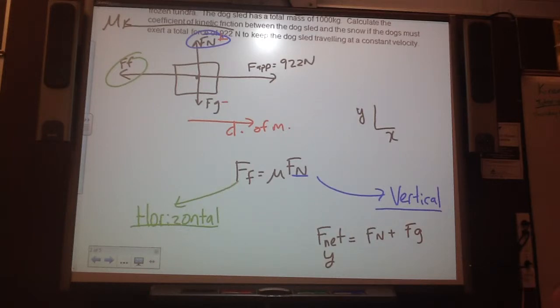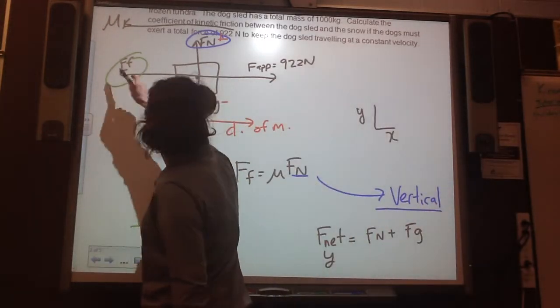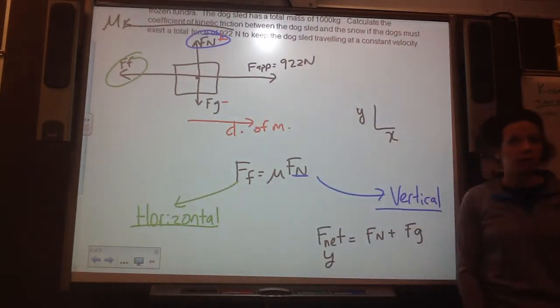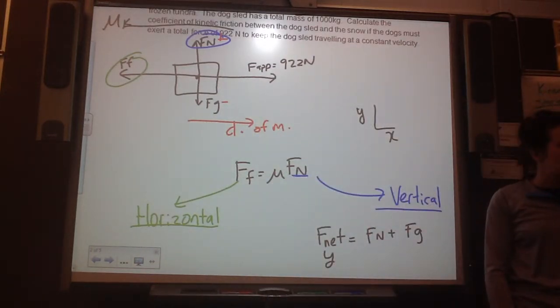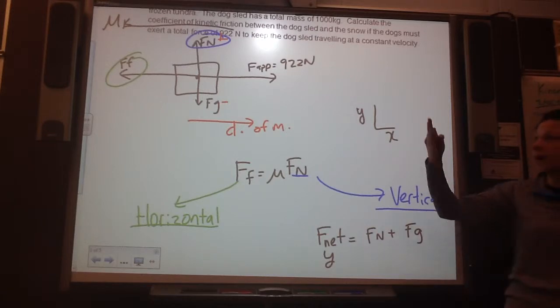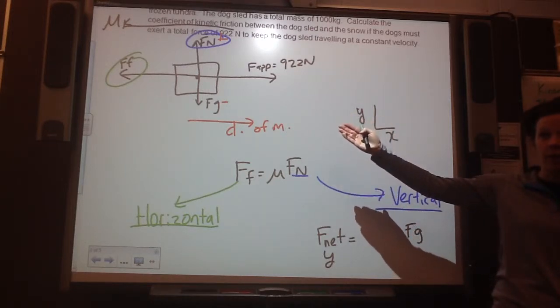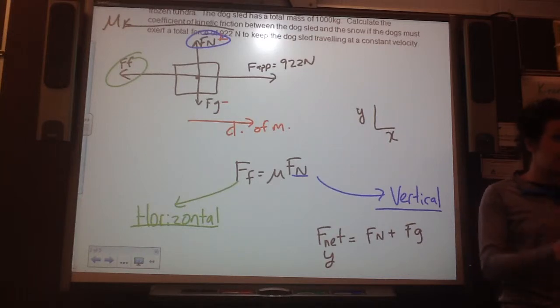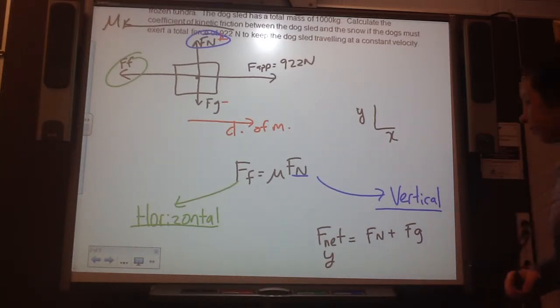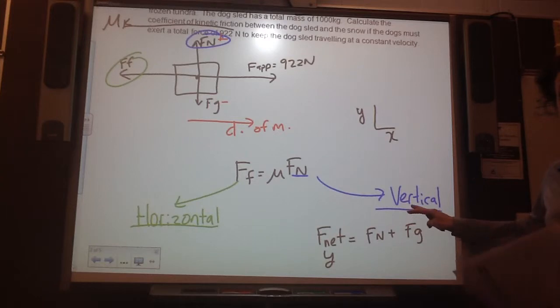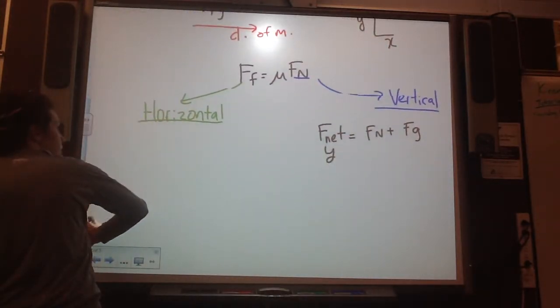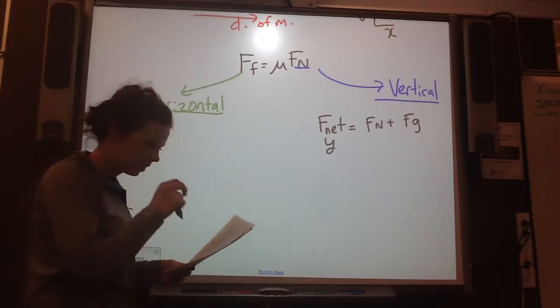So we can have F net horizontal and we have F net vertical. Good questions. And you find the formula by looking at your free body diagram, which is why it's really important to draw your free body diagram first. Okay? Does that clarify those questions? Good. It's good to stop now and ask those.